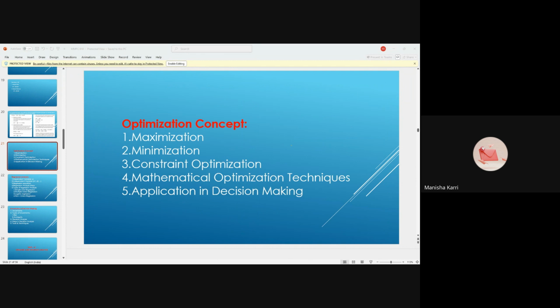Take an example, the company may need to determine how many units of product are to be produced to maximize its profit, considering factors such as production cost, selling prices and market demand. So minimizing, we all know that every company's aim is to minimize cost or expenses.